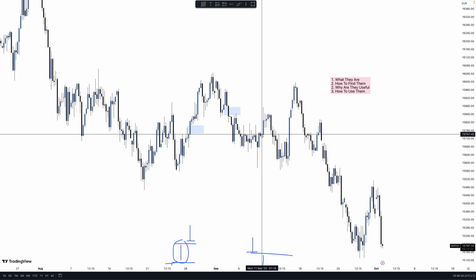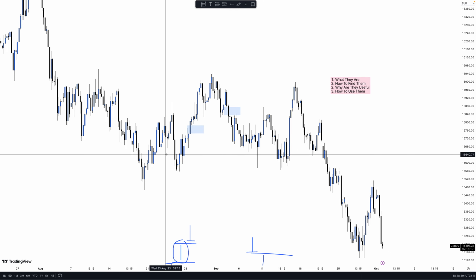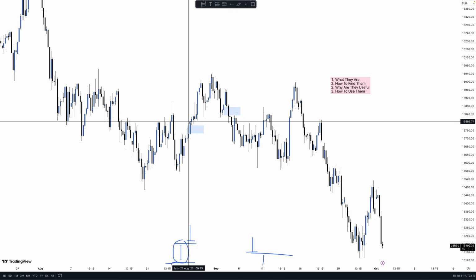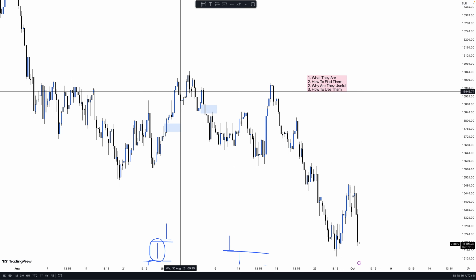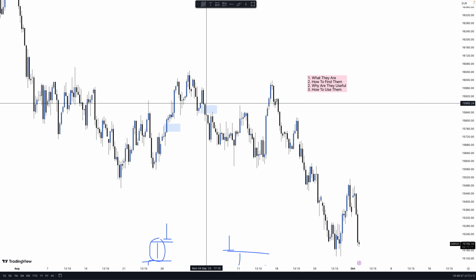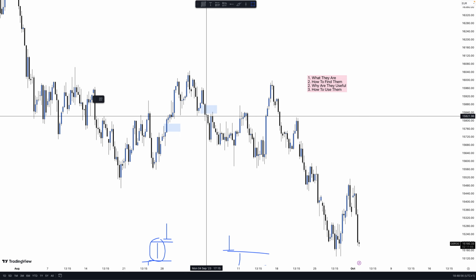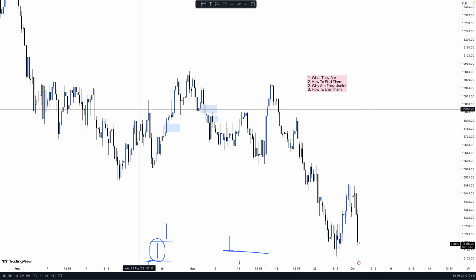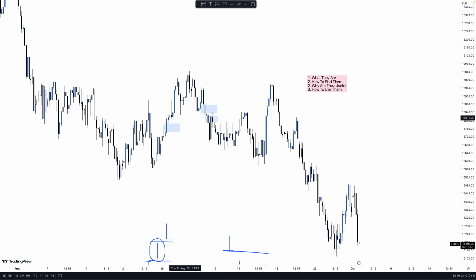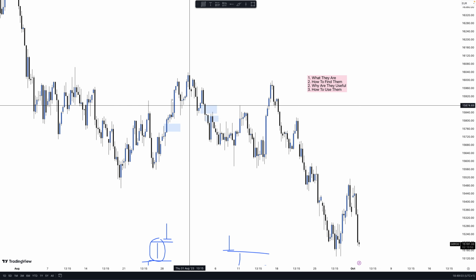Same thing over here. It doesn't even matter what color these are, by the way. It can be literally any color that the candles are. As long as you have 3 consecutive candles pushing towards the same direction, you can find a fair value gap. So we have 1, 2, 3, imbalance. So I think you kind of get what I'm trying to do here.